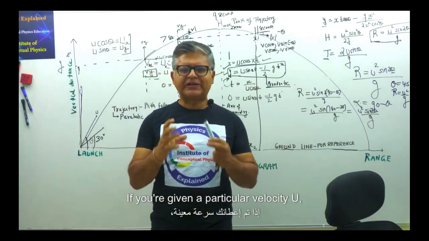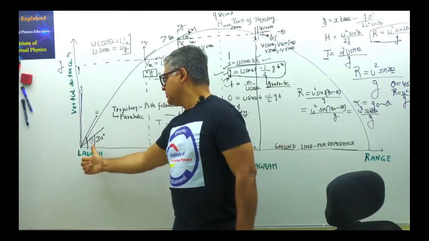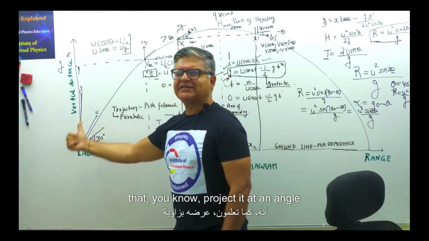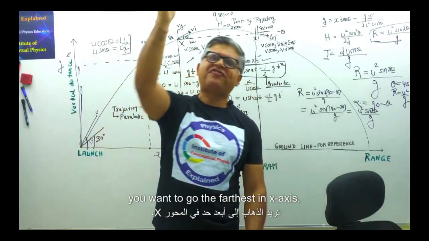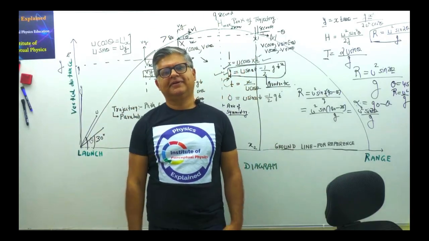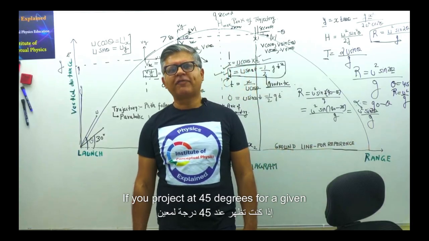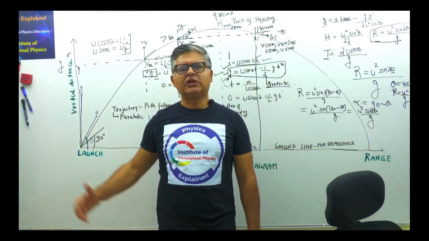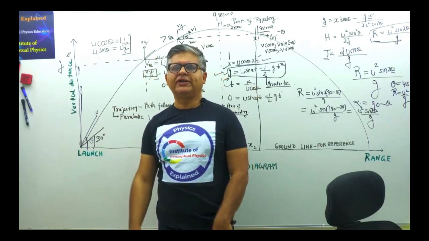If you're given a particular velocity u and you're asked that project it at an angle so that you get the maximum range, you want to go the farthest in x-axis, always project at an angle of 45 degree. If you project at 45 degree for a given launch velocity, you will always reach the farthest point.